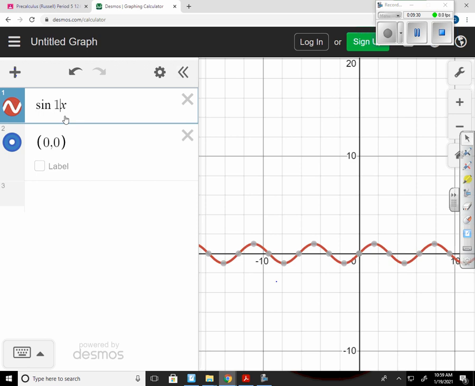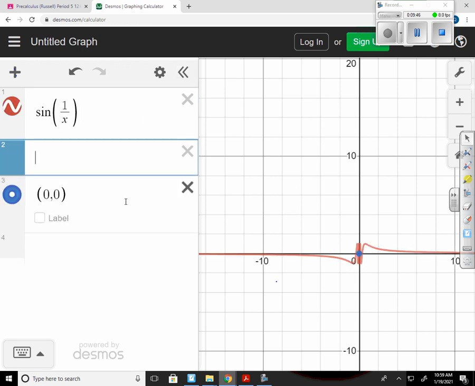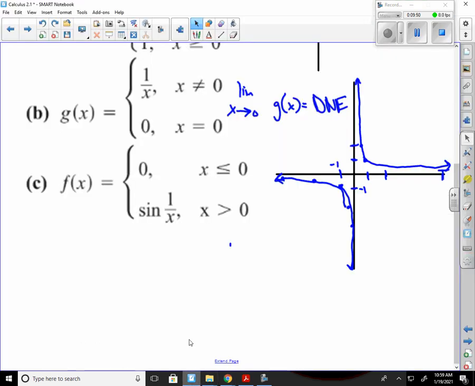Sine of 1 over x, and that was true whenever x is greater than 0. So I'm only going to be looking when x is greater than 0.